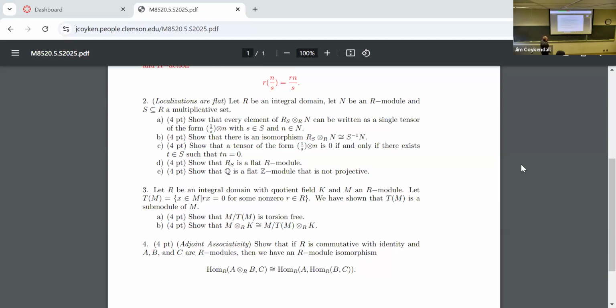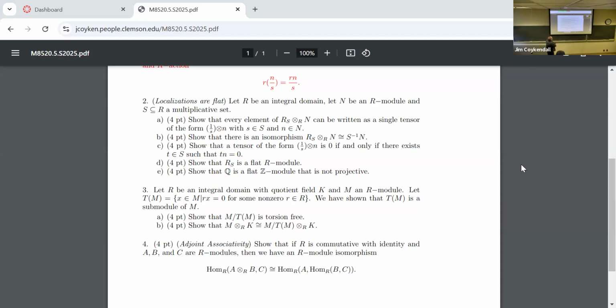So I'm going to make this a little bit easier. R is an integral domain, N is an R module, and S is a multiplicative subset of R. First exercise: show that everything in R localized at S tensor N, tensoring over R, can be written as a single tensor of the form 1 over S tensor n. This is going to be useful in the problems that follow.